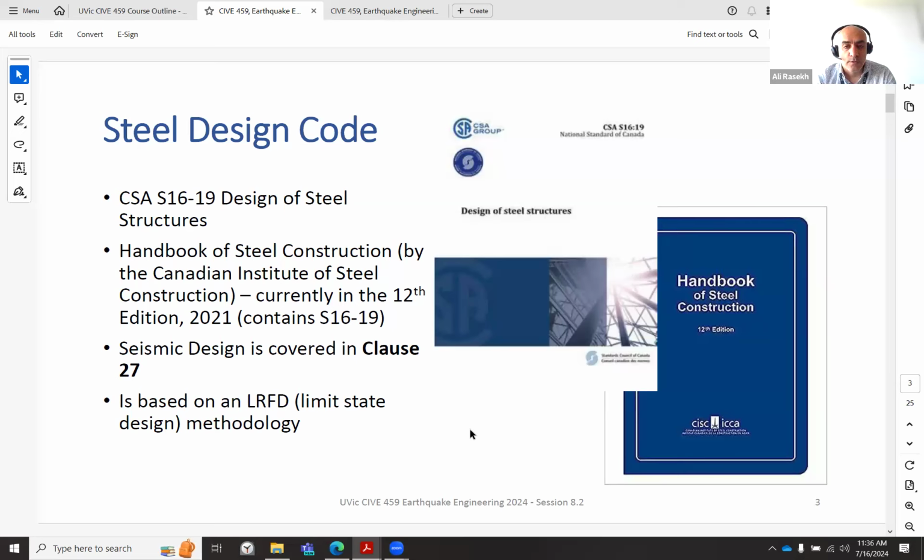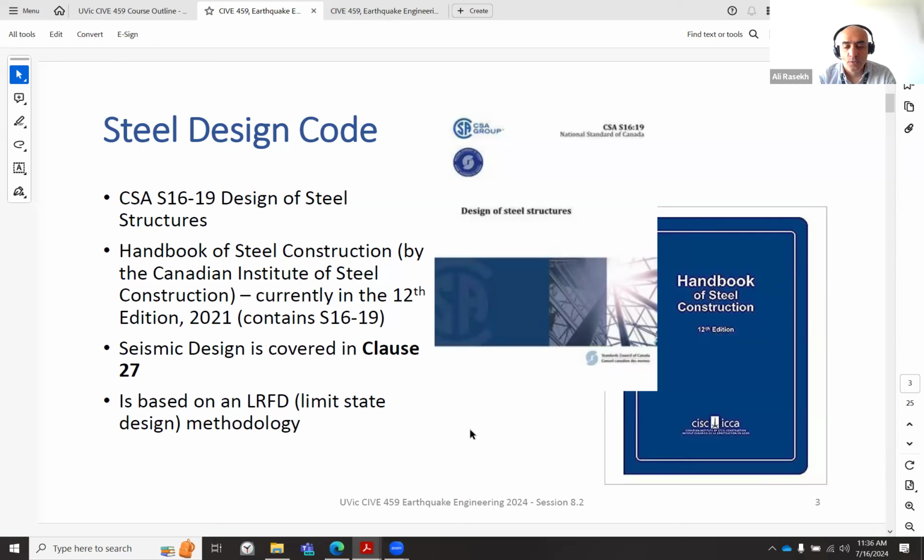The source for steel design, as you already know probably from your steel course, is Design of Steel Structures, which is CSA S16. The latest revision that I'm aware of is from 2019, maybe edited one more time in 2021, but formally from 2019. And we are mostly focusing on Clause 27 of the code.